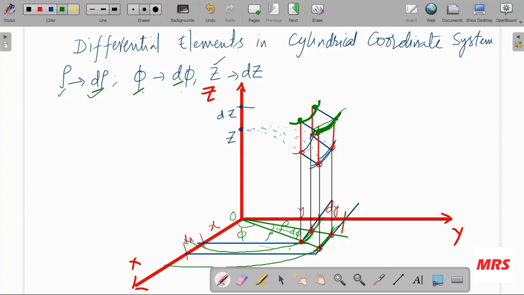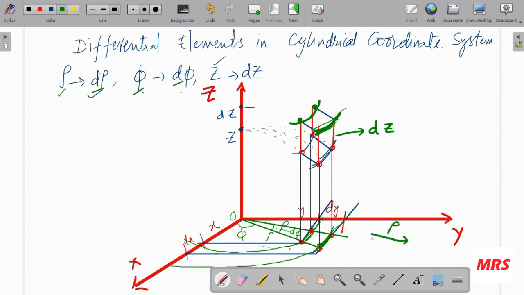So we are going to get a cylindrical cuboid, where this side is dz, and the side opposite is d phi.